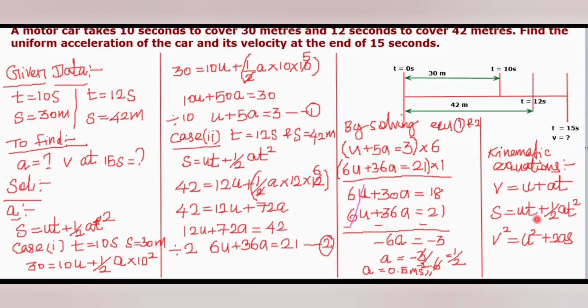Among these three kinematic equations, the second equation is the convenient one. By using these two cases, we substituted the values of t and s in this equation. We got two equations, equation 1 and equation 2. After that, by solving equations 1 and 2, we got the value of acceleration.